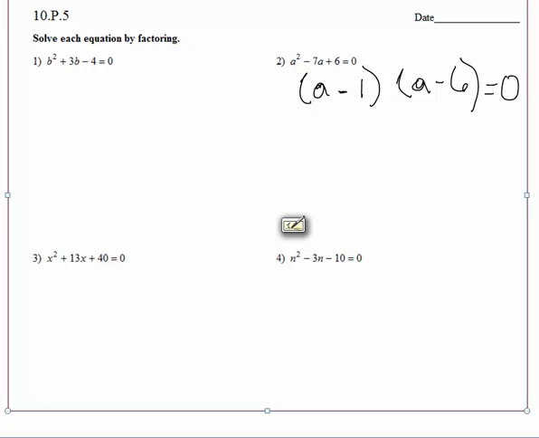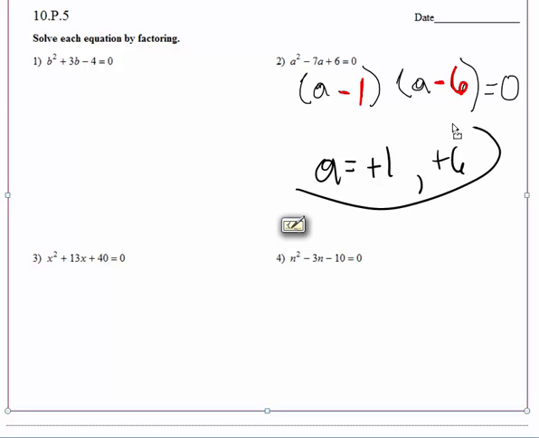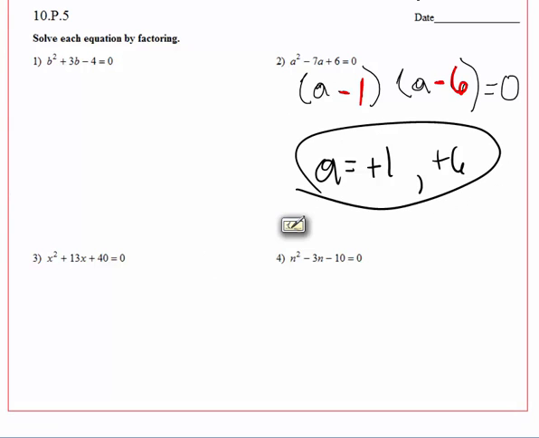Let me highlight the two numbers that are important. To make one of those parentheses 0, a has to be either the opposite of negative 1, which is plus 1, or the opposite of negative 6, which is plus 6. So this is our answer.